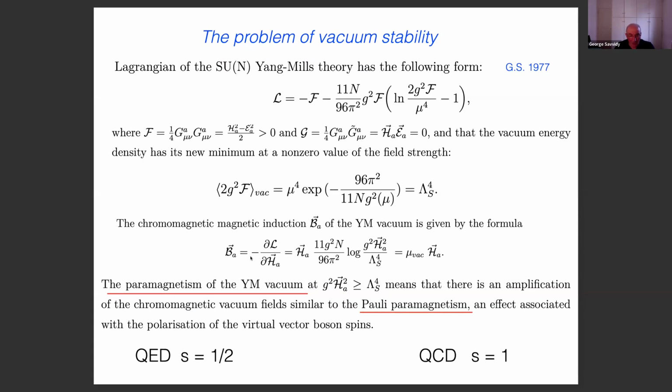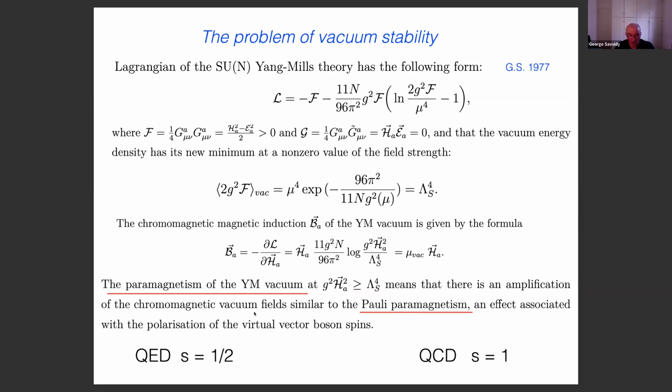Now, you can calculate the magnetic induction here, just differentiating the Lagrangian over your chromomagnetic field, and you will find the vacuum susceptibility, and it's larger than 1, and it is paramagnetic.